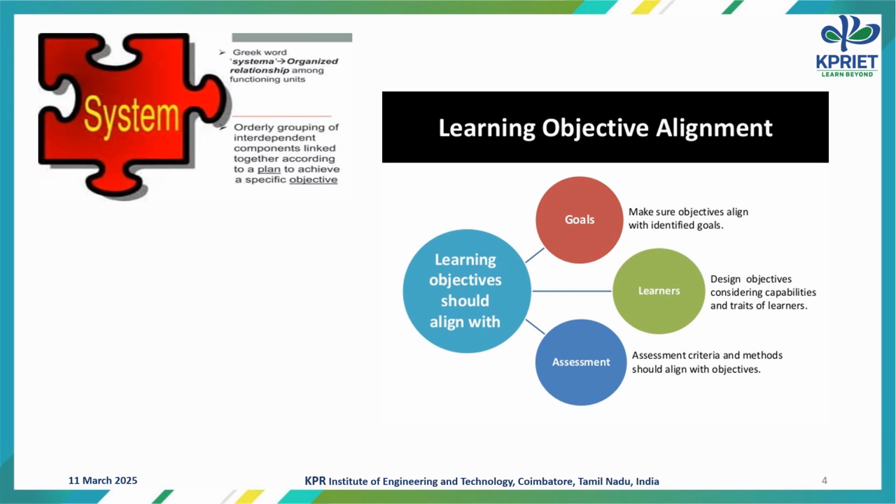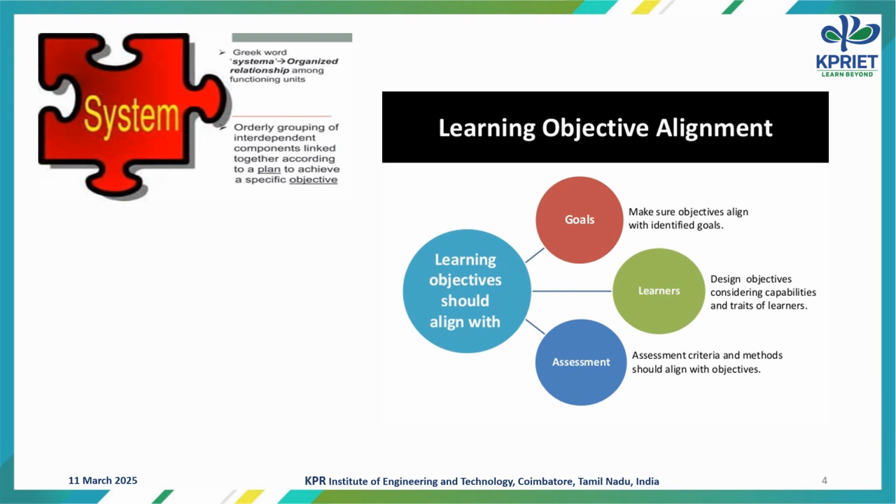Learners means we have to practice for that. For a given task, you have to work on it and practice for more time. Based on the goal, you have to work. That is learners. What is assessment? Even though you are practicing, the placement team gives some assessment to assess how you are working. That is assessment.